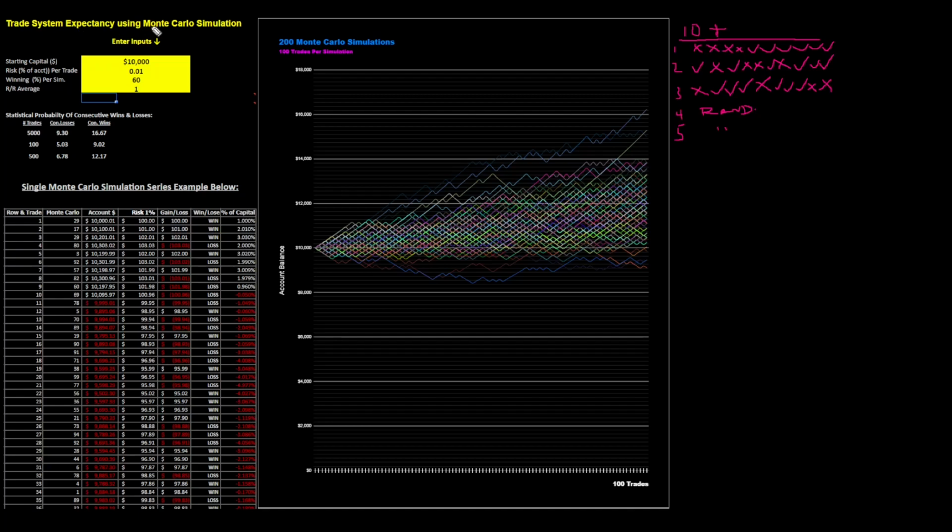Up here, we have the inputs. The starting capital here, we're going to say is 10,000. How much are we willing to risk as a percentage of account per trade? So we're saying 0.01 or 1%. The winning percentage per simulation, so your average winning percentage for all your trades, 60%. And then what's your risk reward? In other words, take your average winning trade size and divide it by your average losing trade size.